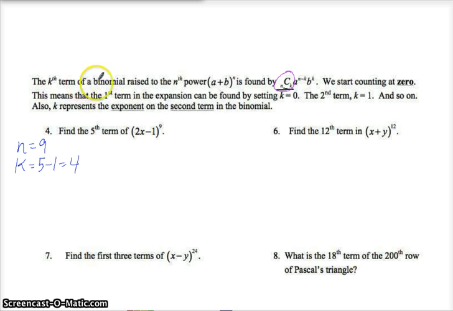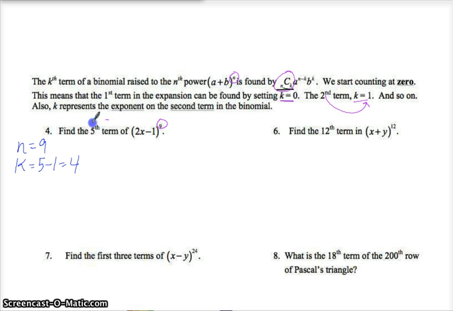So the kth term of a binomial expansion raised to the nth power. n is the number right here, the power that it's being raised to. And k, well, because the first term in the expansion can be found by setting k equal to 0, then notice the second term is going to be k equals 1. The third term is k equals 2, so it's always 1 less than the term we're looking for.